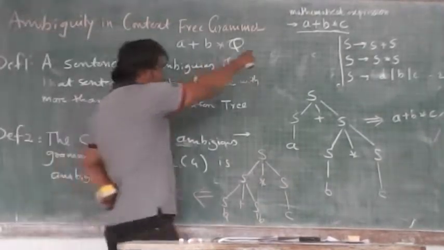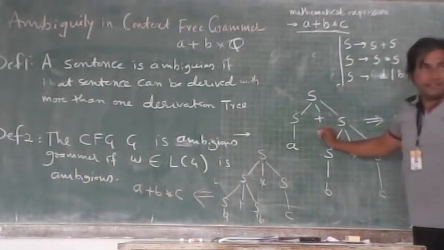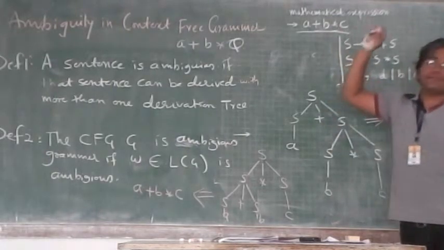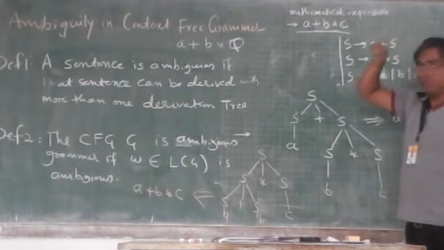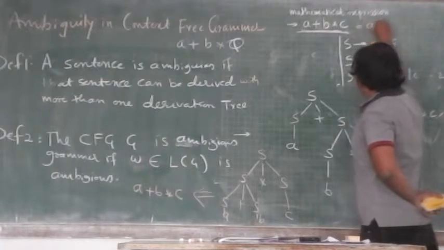So for a particular string, here I am able to have two different derivation trees which are yielding the same string. Isn't it? So I can say this particular string is an ambiguous string.